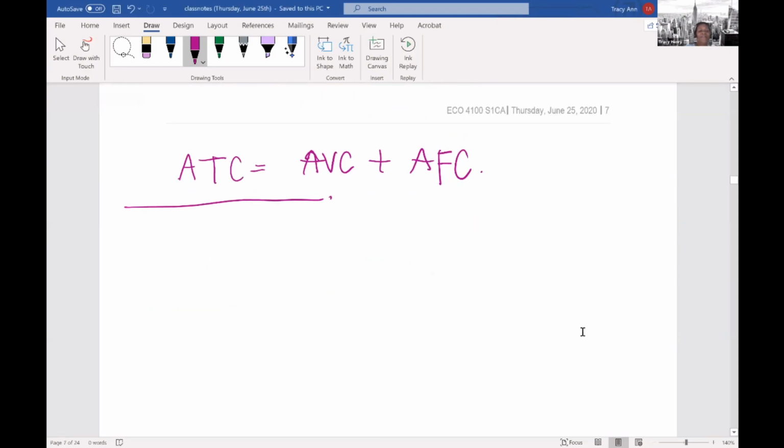So let us imagine that, like I said, our cost function can be linear and our cost function can be nonlinear. For just briefly, let us imagine a linear cost function.